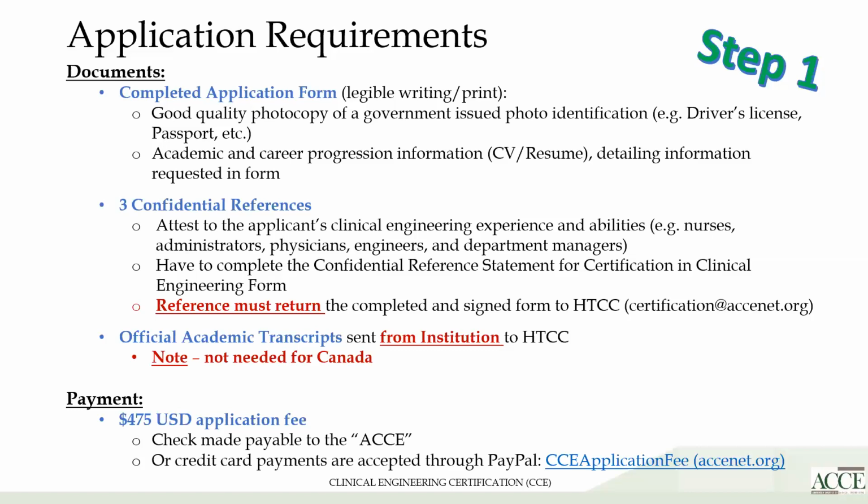So these references need to be able to attest to the applicant's clinical engineering experience and abilities. For example, this could be a nurse, hospital administrator, physician, other engineers, department managers, etc. But it is recommended to have a variety in the references that you choose. So try to choose people from different roles or different backgrounds that can attest to your abilities.